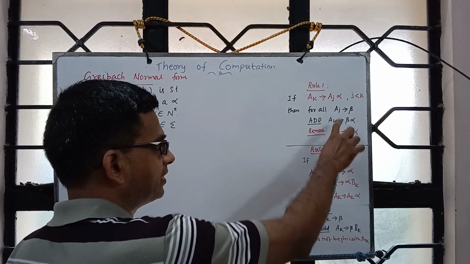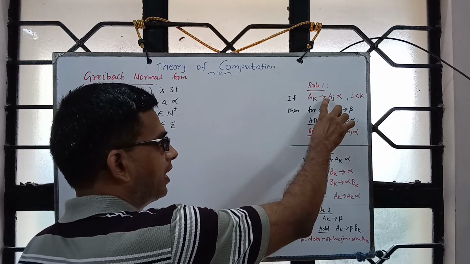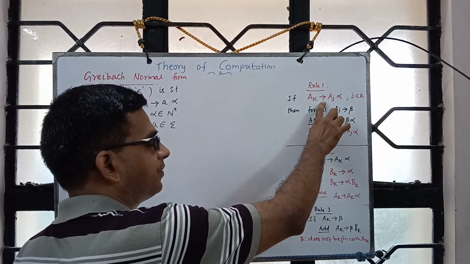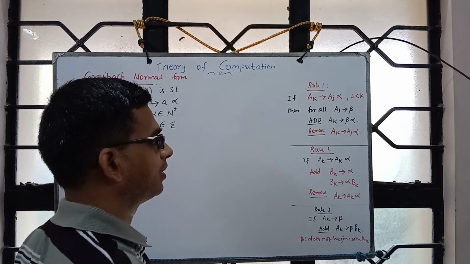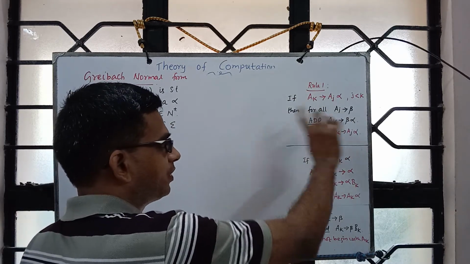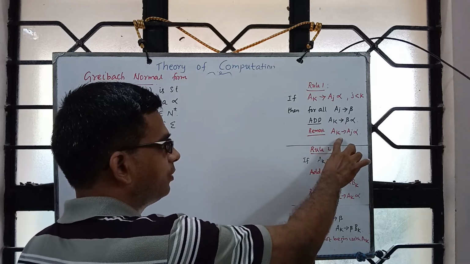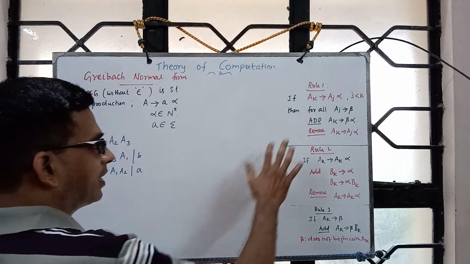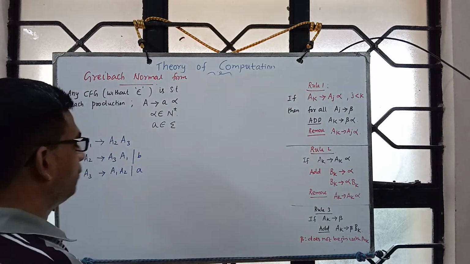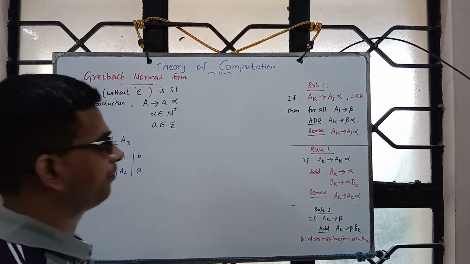If there are 5 productions starting with AJ, you will get 5 productions which say AK implies something. And once you substitute all possible values for AJ, you remove this production. So let's apply rule 1 for this example.